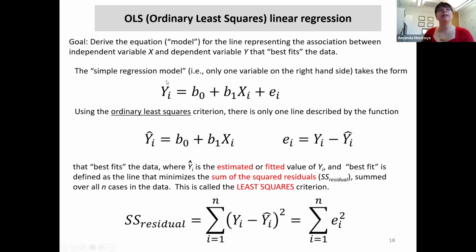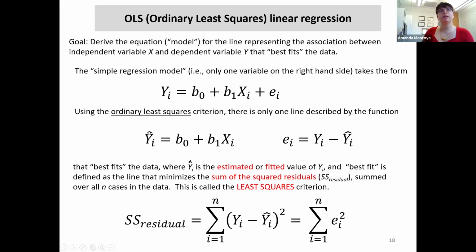The basic idea here is that I'm going to represent our linear regression equation in two different ways. One way is I'm going to have our outcome variable y_i on the left-hand side, and our sample estimates b0 and b1. This is our intercept and slope. The slope is the relationship between x and y, and then we have a residual. We can also represent this in terms of the predicted score for y.